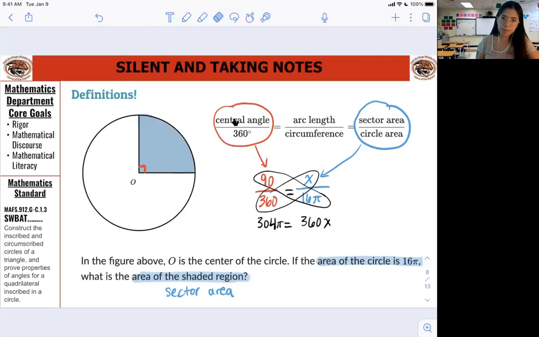Try again. What's 90 times 16? Oh, wow. How'd you get that number? I don't know how did I get that. 1,440. Okay. Now we can divide both sides by what?